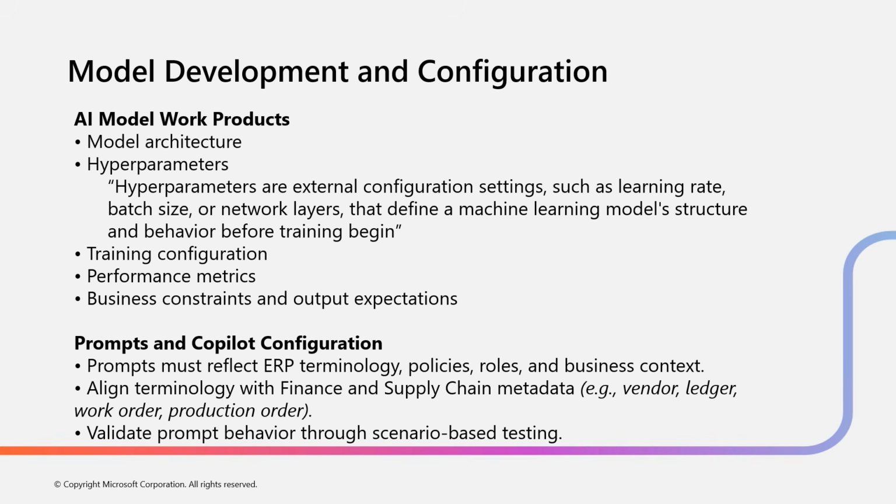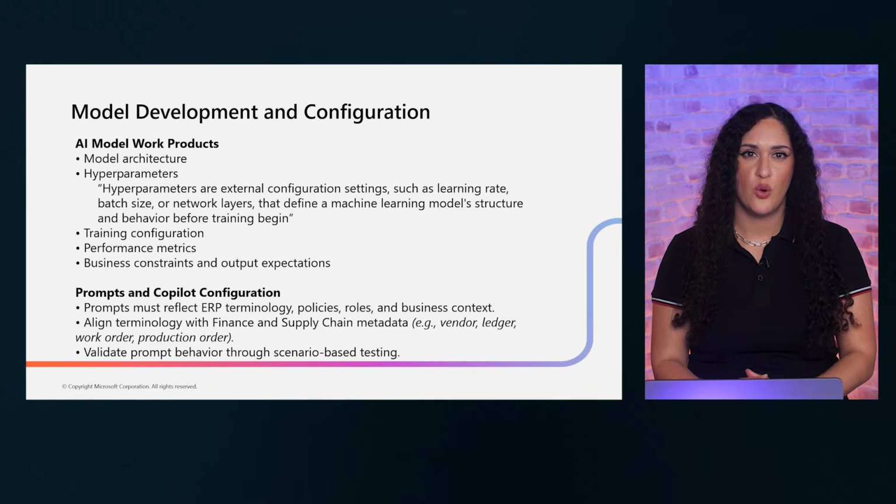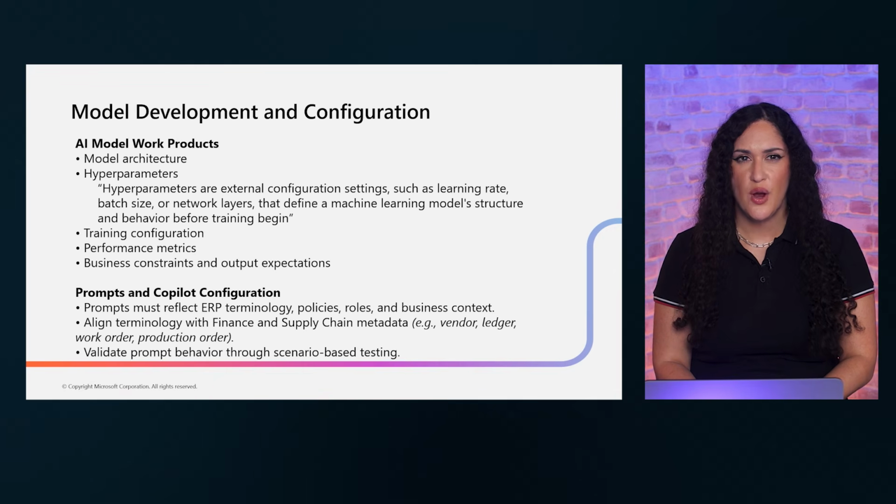Model development in this context produces several key work products: model architecture, hyperparameters like learning rate and batch size, training configuration, performance metrics, and business constraints with output expectations. For prompts and Copilot configuration, ensure prompts reflect ERP terminology, policies, roles, and business context.